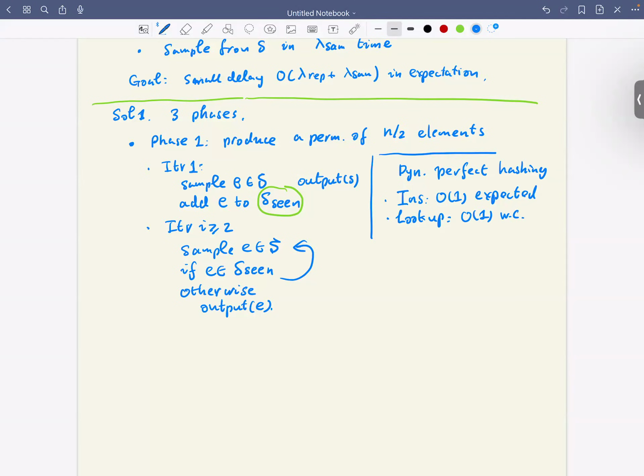Therefore, if you look at each iteration executed during the first phase, what can you say about the probability that you will see something that you have not seen? Think about every loop as tossing a coin. If it comes up heads, it means good: you have sampled an element that you can use.